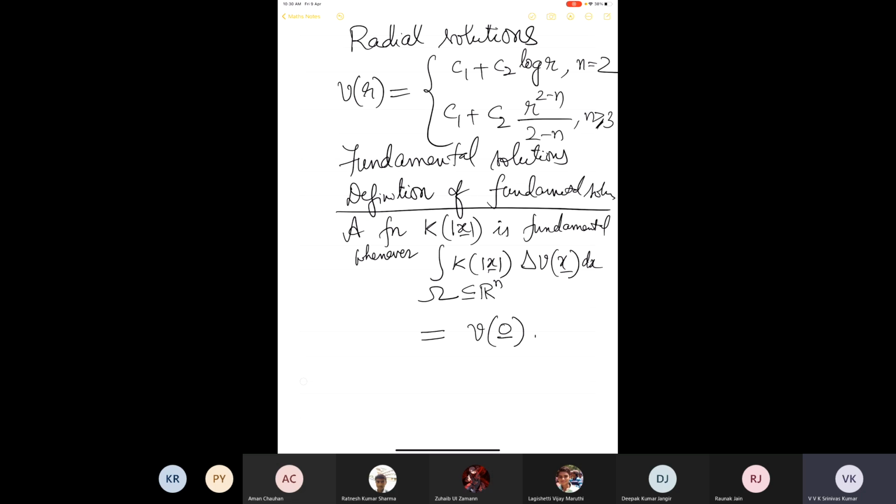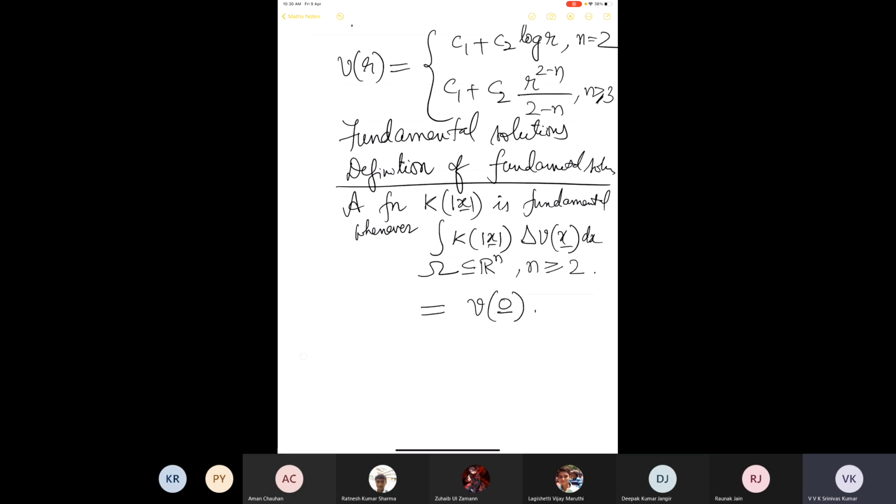This is the definition of fundamental solution in any n greater than or equal to 2. What is k of x? Yeah, this is the definition.